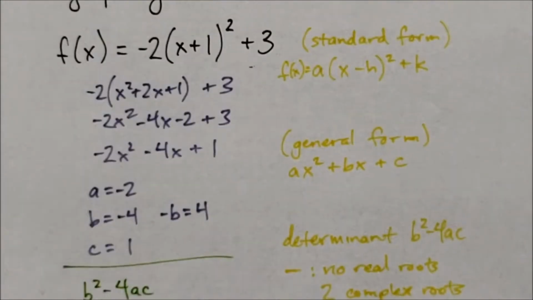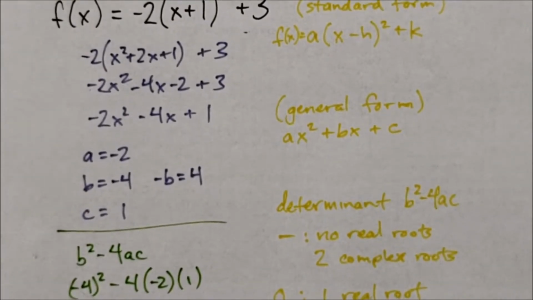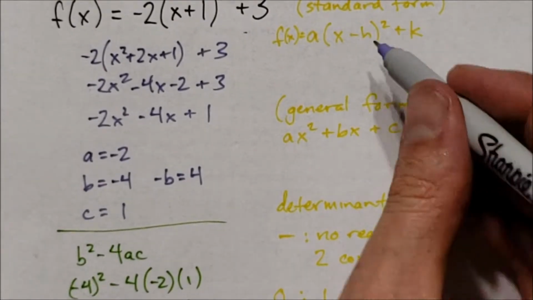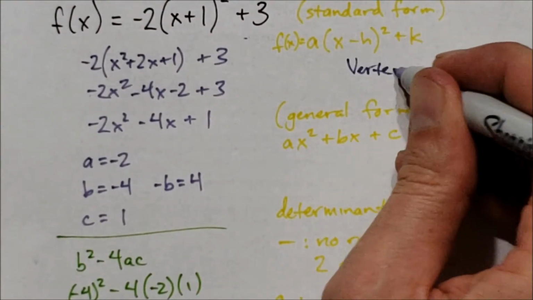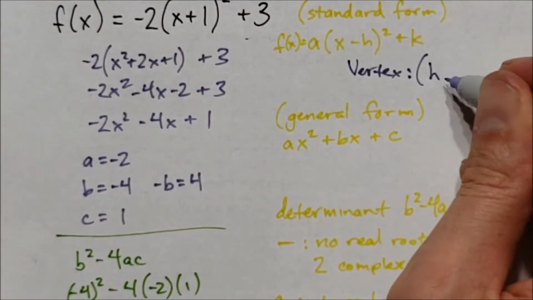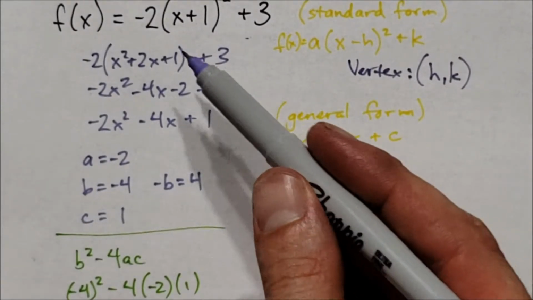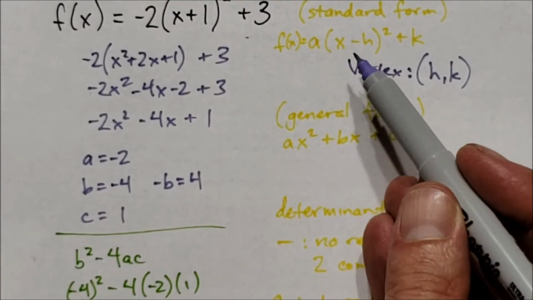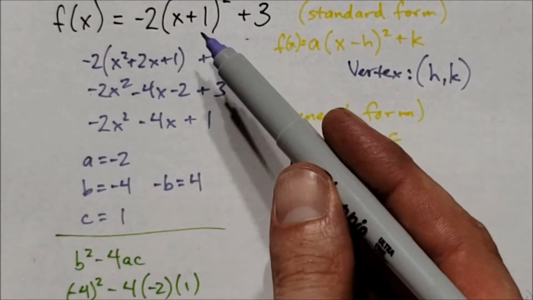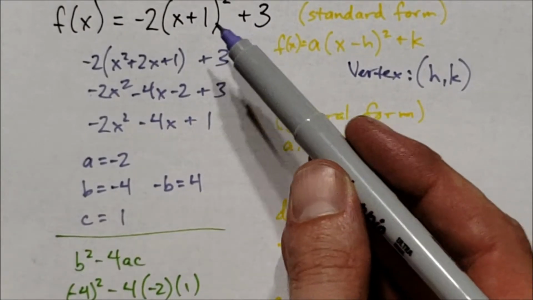When we start in standard form, the vertex is given to us by the h and the k. So the vertex is (h, k). In this case, h is positive 1, or actually, this is x minus h. So h is negative 1, and k is positive 3.